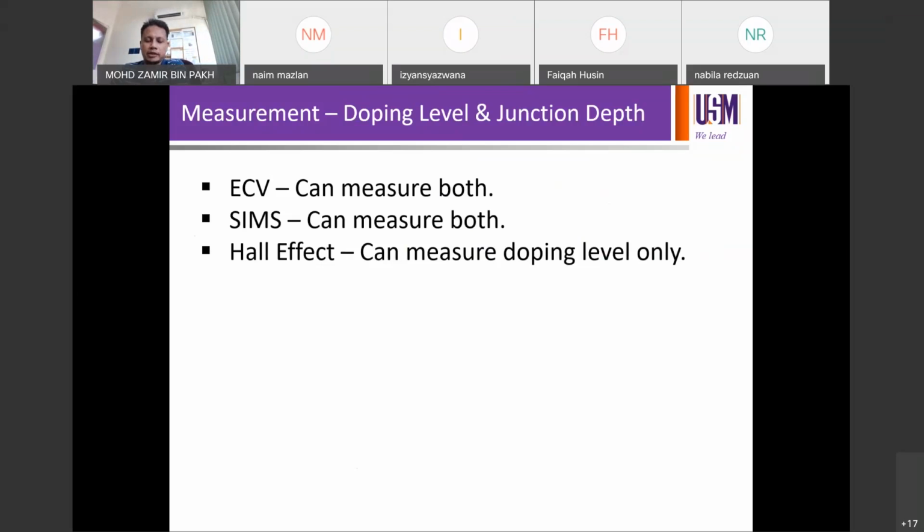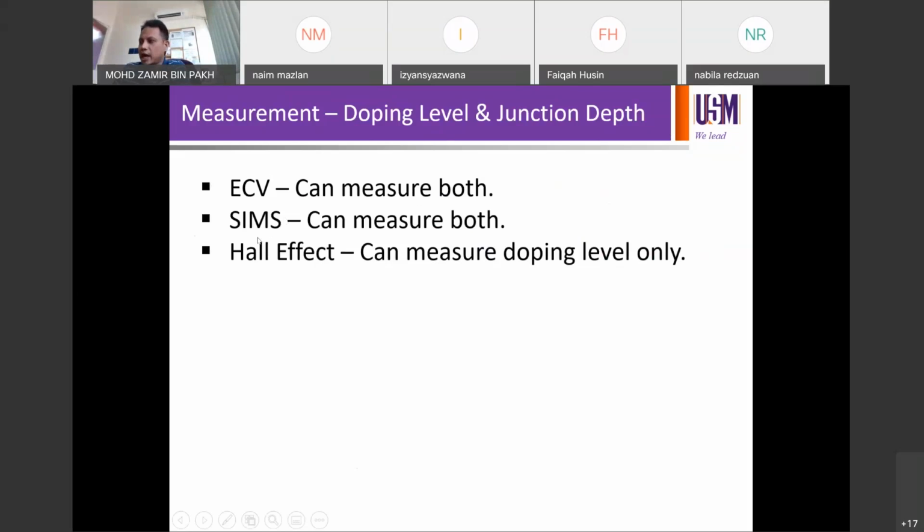These can be characterized by using a couple of different characterizations. The first one is called ECV, electrochemical voltage potential, ECV profile. You can look at the title up here: measurement, doping level, and junction depth. So ECV can tell you the doping level and the junction depth. It can plot the profile of your dopant, either boron or phosphorus or some other dopants.